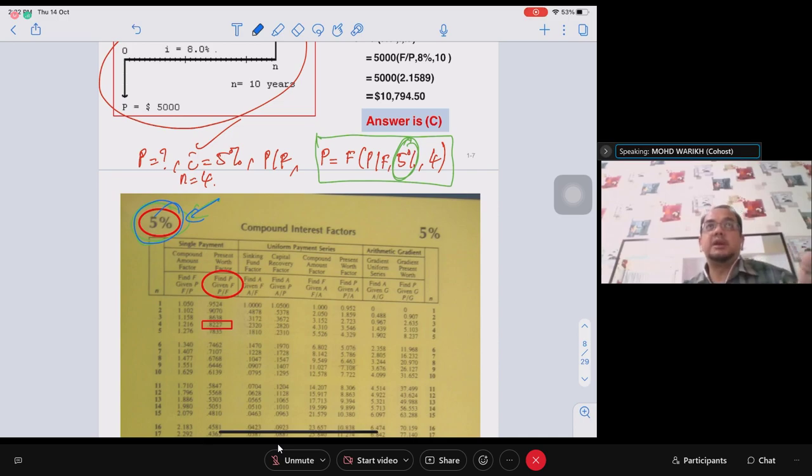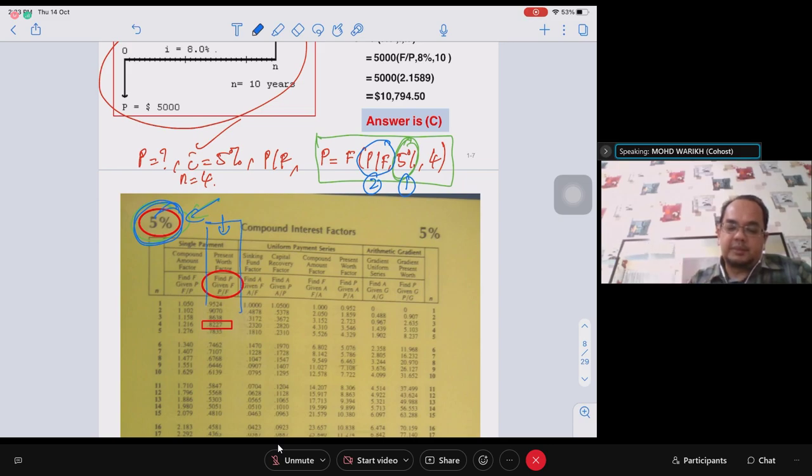Open the table I gave you, it's the 5%. The second one, refer to the column P over F. So P over F is the second column, this column.